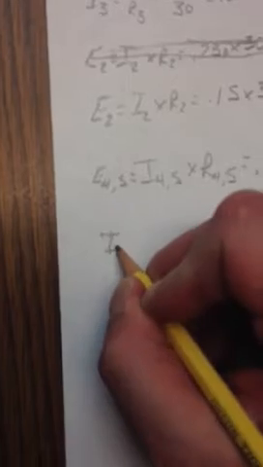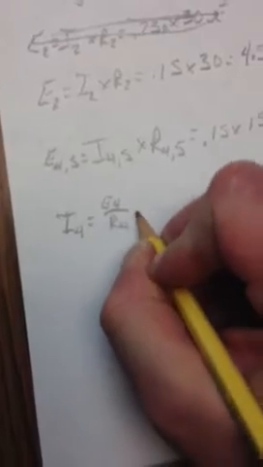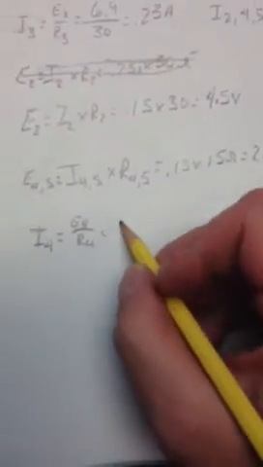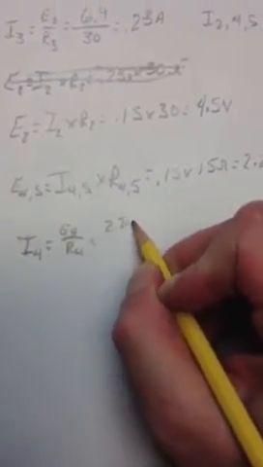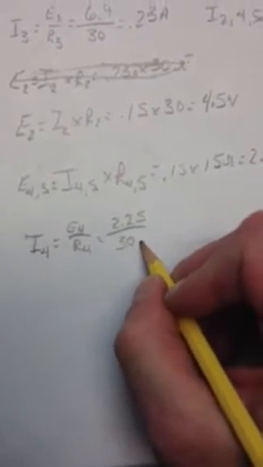It doesn't matter since they're the same value, so I'll just take 2.25 divided by 30 for I4. I4 is equal to E4 divided by R4, which is 2.25 divided by 30 ohms.